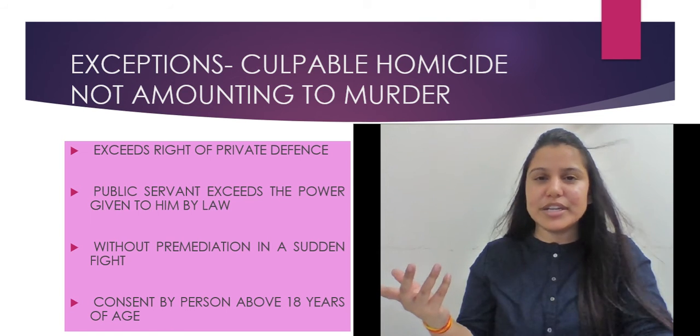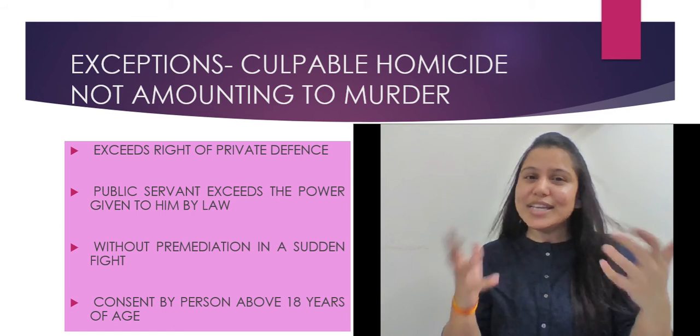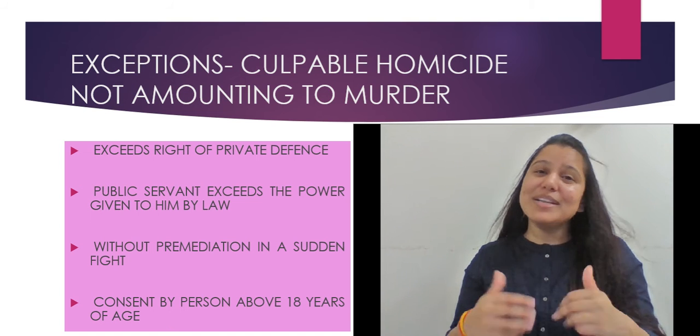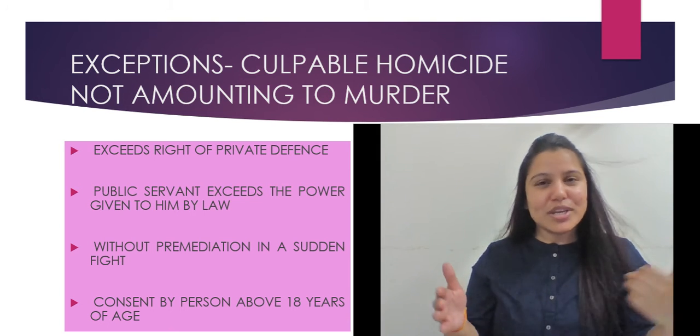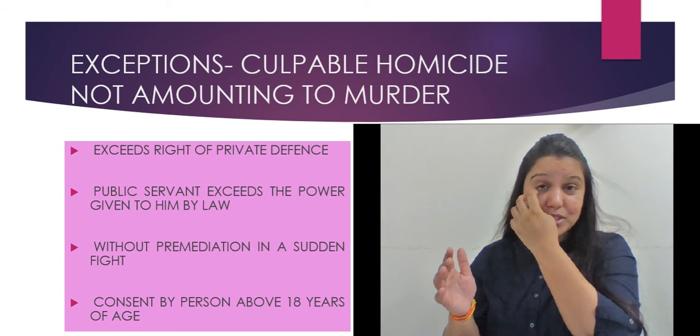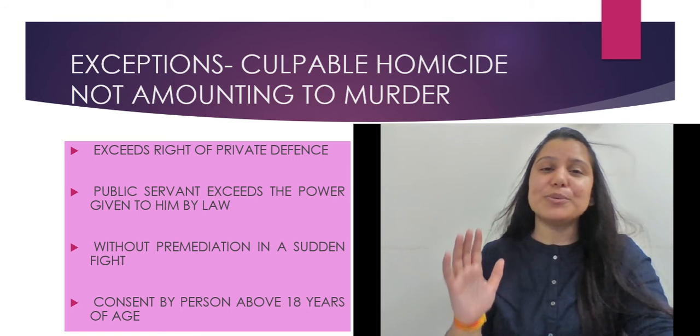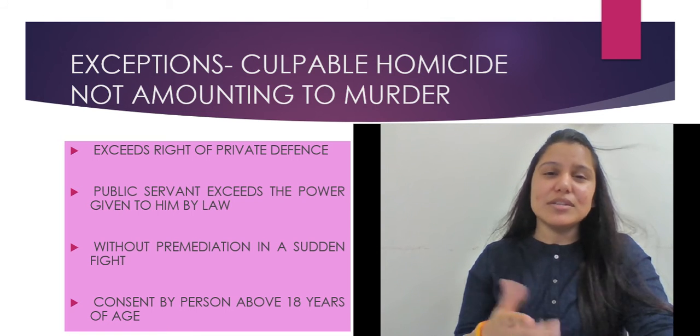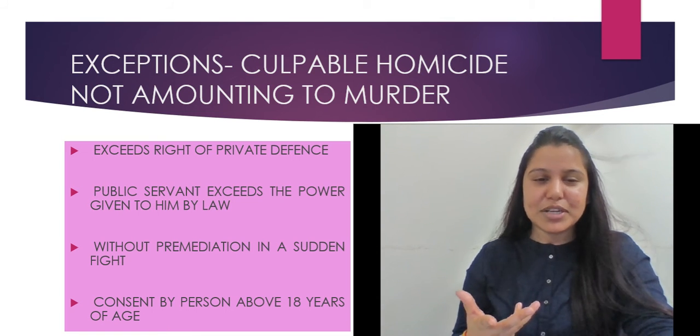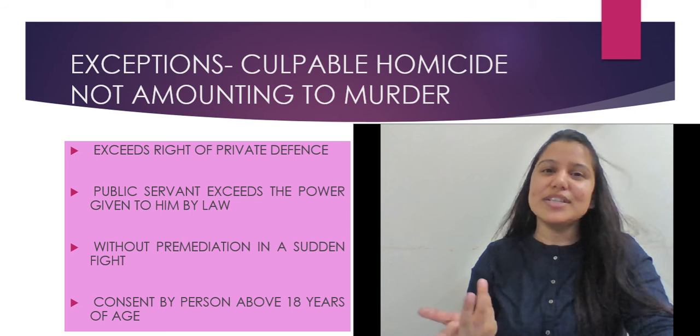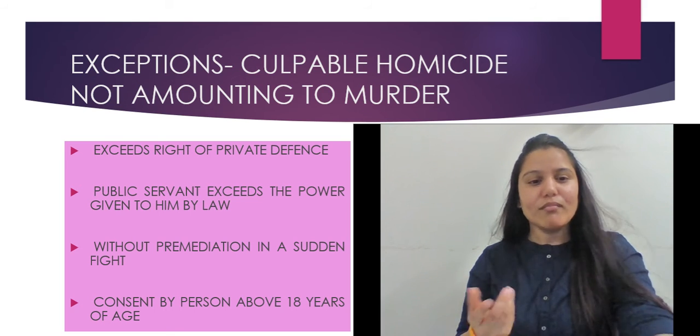And of course, there was a green light on the road. So he had the knowledge, but he had no intention. He just pushed that person and the other person died. So in a sudden fight, he caused the death of the other party.